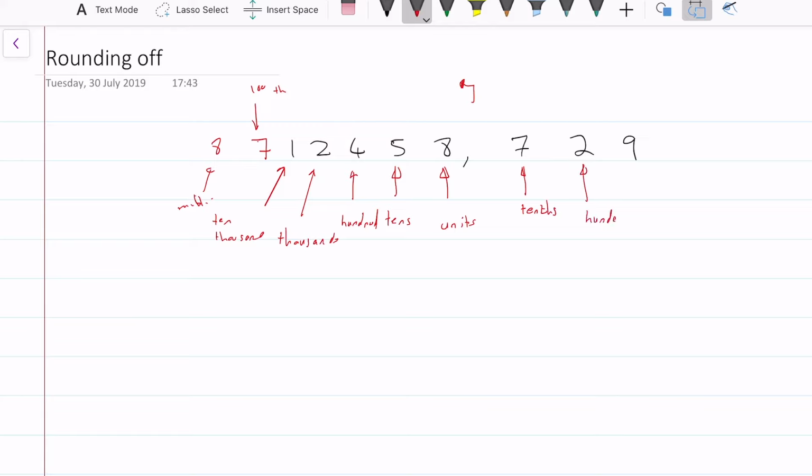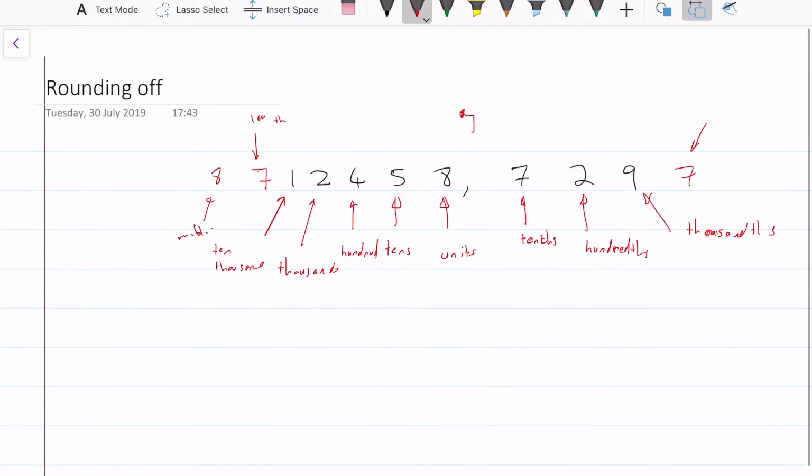hundredths, and thousandths, and again, if we went on, then we would have millionths, and so on.